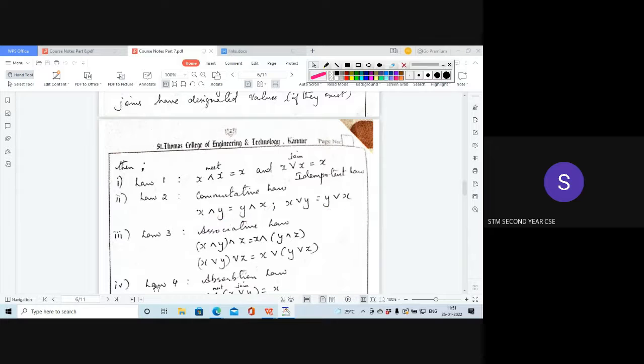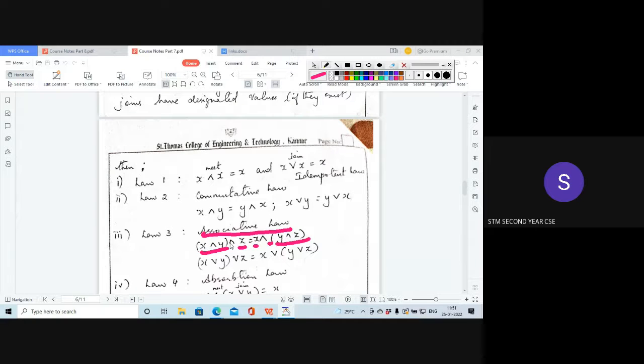Then the third law that should be satisfied in a lattice is the associative law. All these laws we have studied earlier, and associative law states that x and y and z is the same as x and y and z.